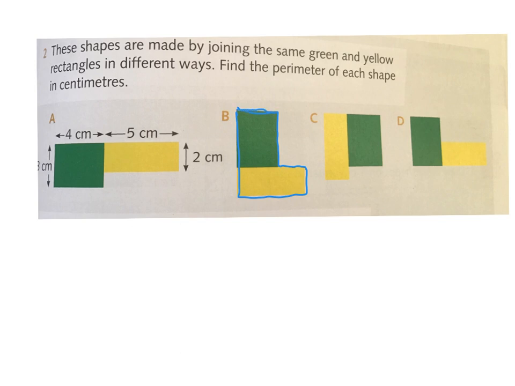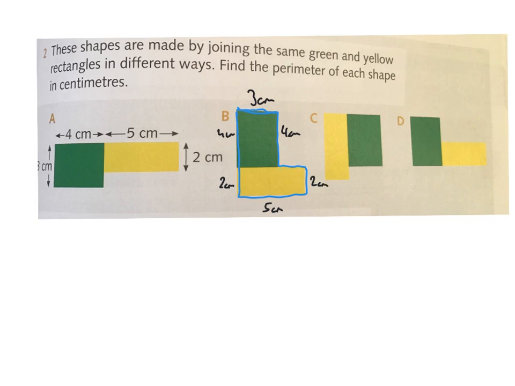Now I'm going to fill in my lengths. I know the shorter side of B is 3 and the longer side is 4. So I need those two sides. I know the shorter side of the yellow rectangle is 2 and the longer side is 5. I just need to work out what this little bit is here.